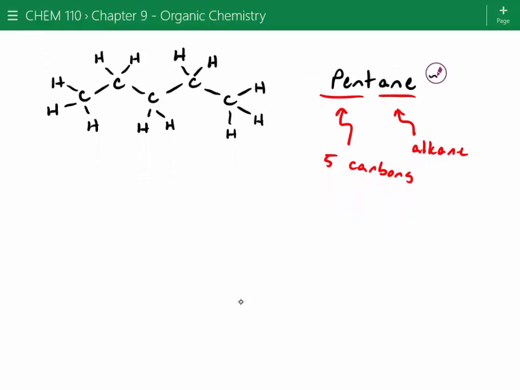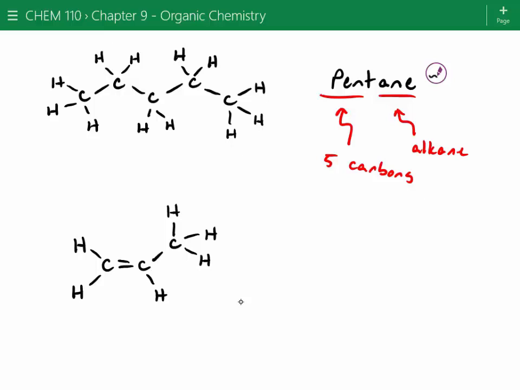It's an alkane with 5 carbons. All right. Let's do this guy. So how many carbons? We've got 3, which should be what? Pro.